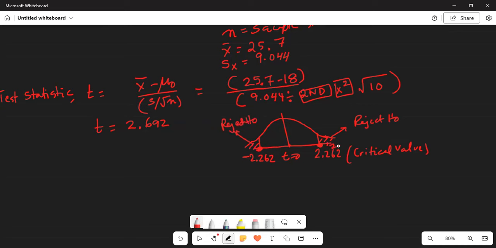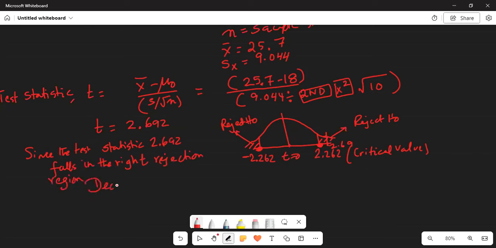So we say since the test statistic 2.69 falls in the right rejection region, the decision is reject H0.